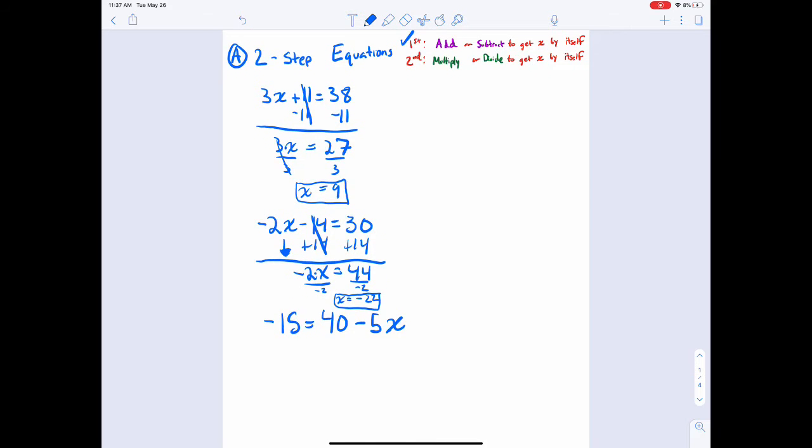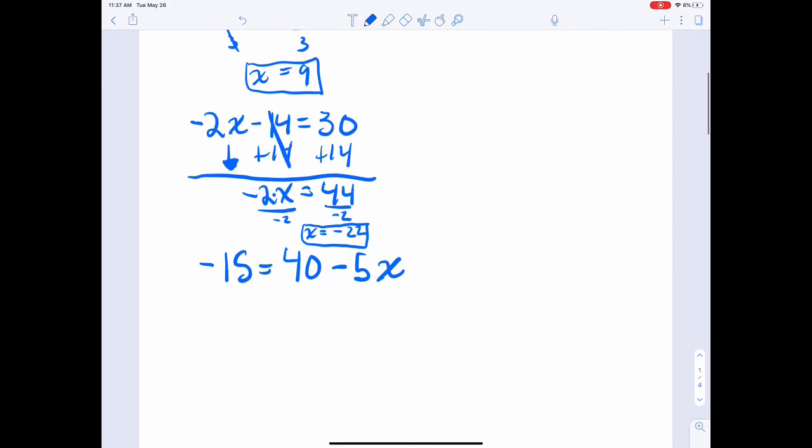A little tricky here. For this one, we have to get x by itself. So right now there's a negative 5 times x, then there's a positive 40 over here. So to get rid of the positive 40, we have to subtract it away. If we added it, that would be 80, and that wouldn't get rid of the 40 on that side.